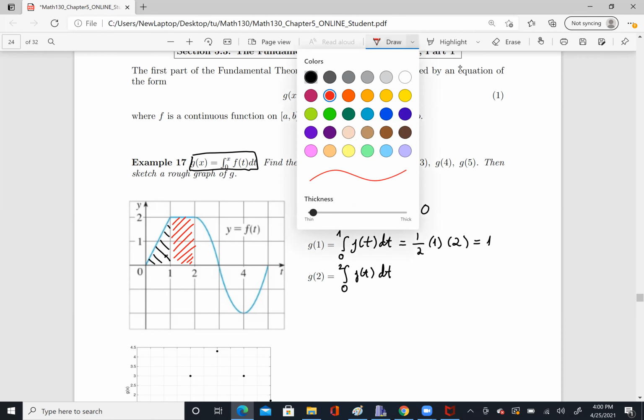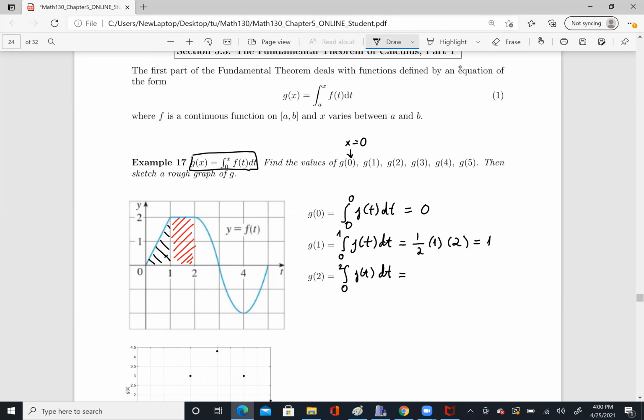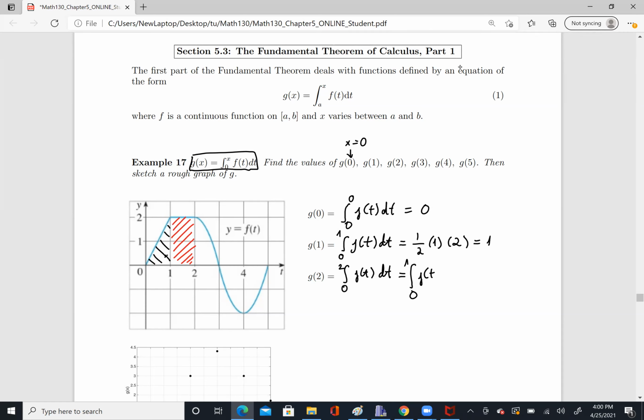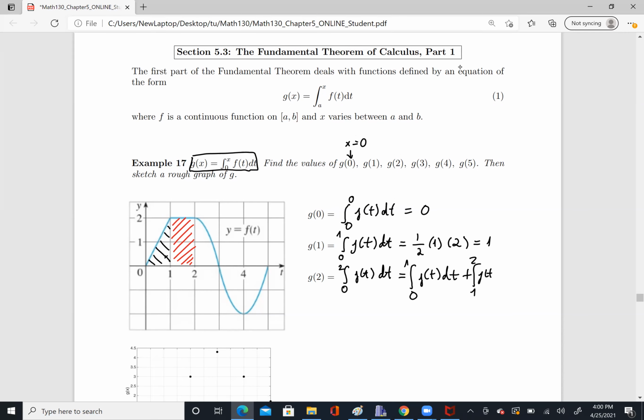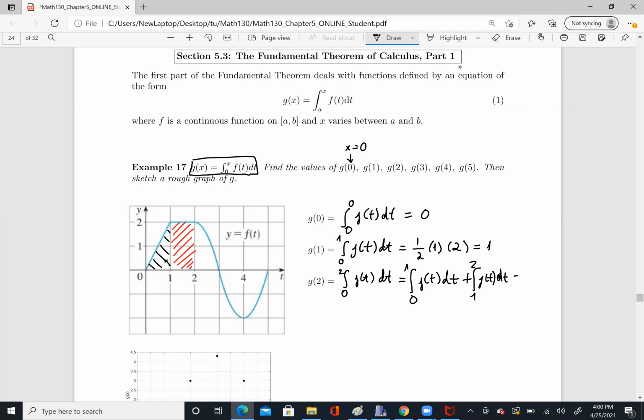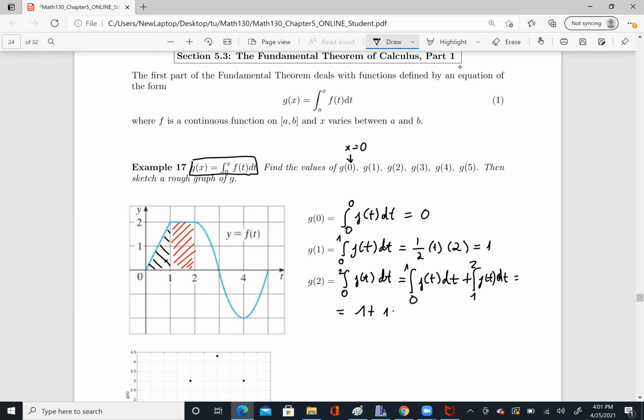So it's the integral from 0 to 1 of f of t dt plus the integral from 1 to 2 of f of t dt. That gives 1 plus the area of the rectangle, base times height, 1 times 2, so 1 plus 2 equals 3. That's the answer.